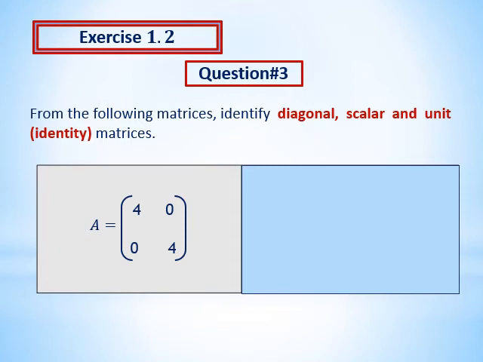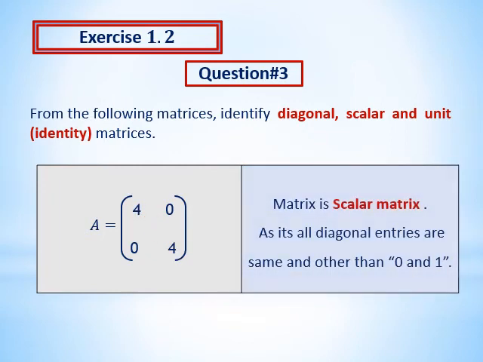This is a square matrix, as its order is 2 by 2. Its diagonal entries are 4 and 4, equal to each other and not equal to 0 or 1. So if the diagonal entries are the same and not equal to 0 or 1, then the matrix is a scalar matrix. So this is a scalar matrix.